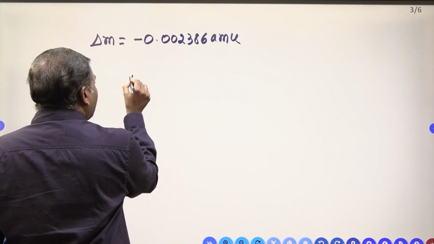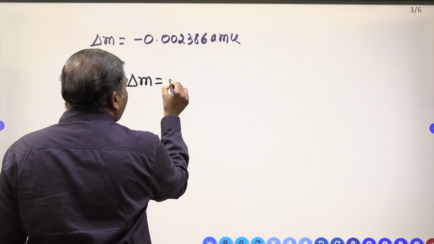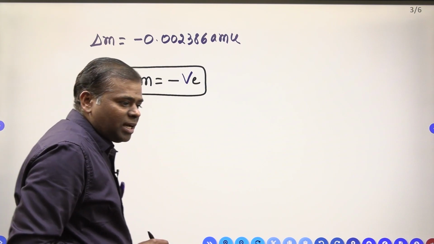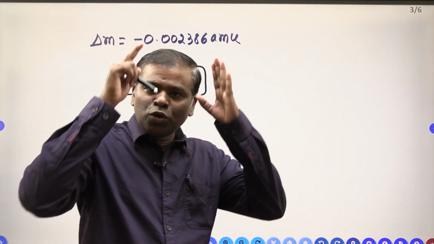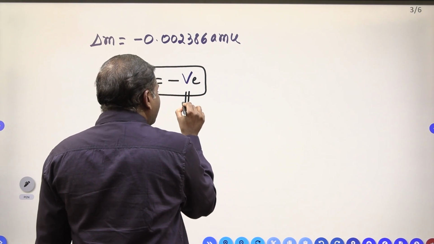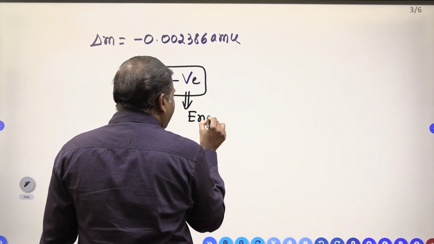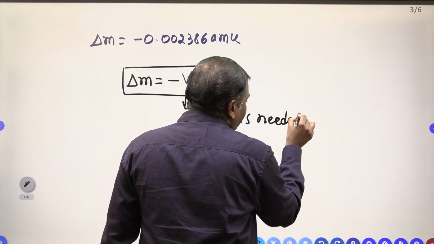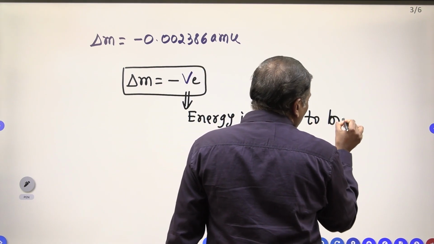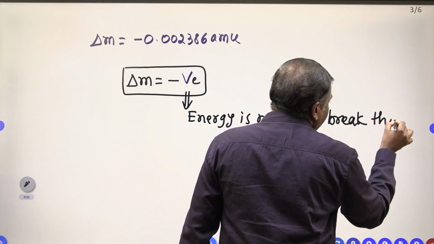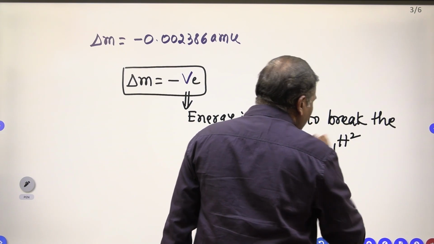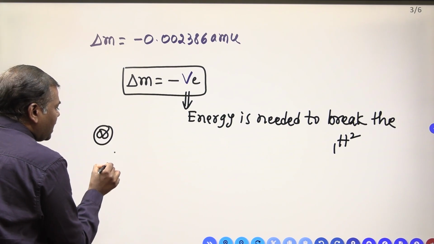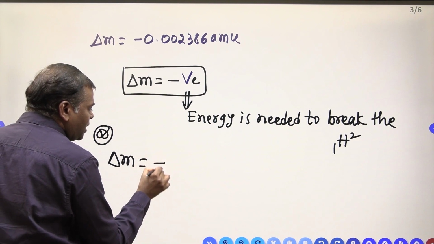One logic I am telling: if delta M, the mass defect, is negative, it means energy is needed to break the nucleus, or the Deuteron.